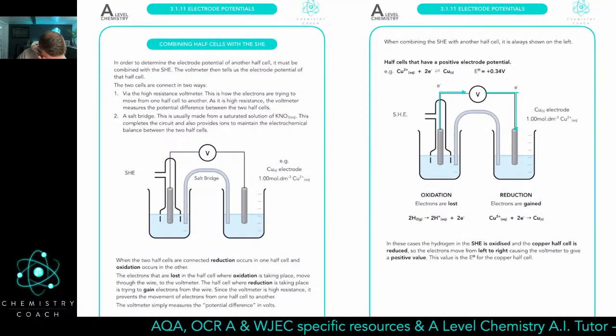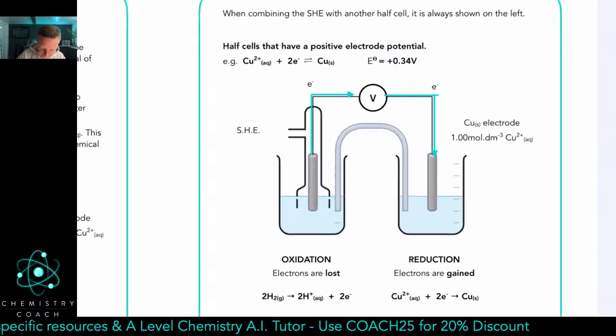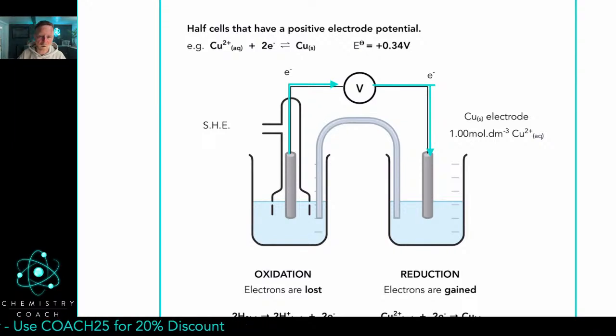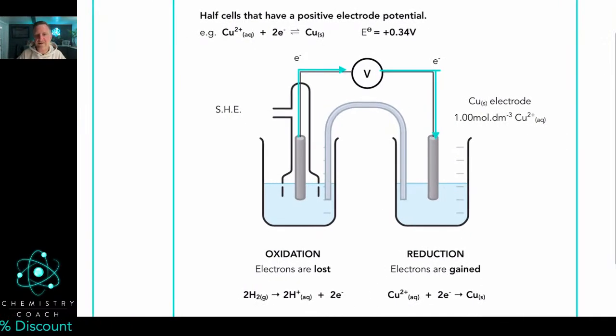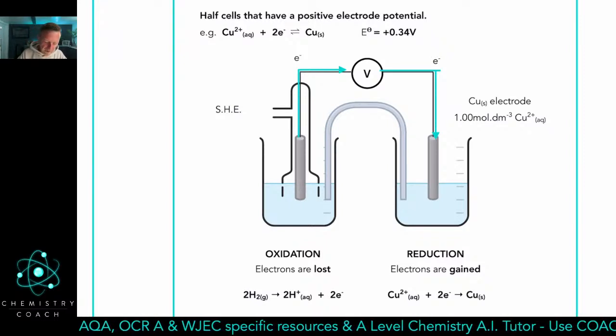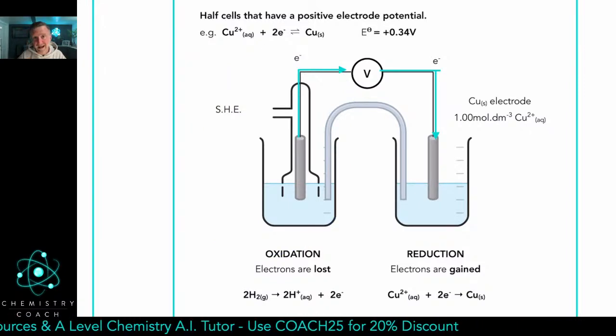So let's take this one. We talked about copper. Copper's got a positive E0 value. Now, whenever you see these cells set up, if you've got a standard hydrogen electrode, it's always placed on the left.